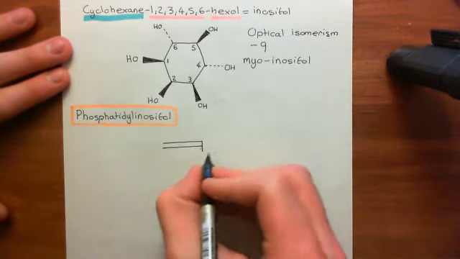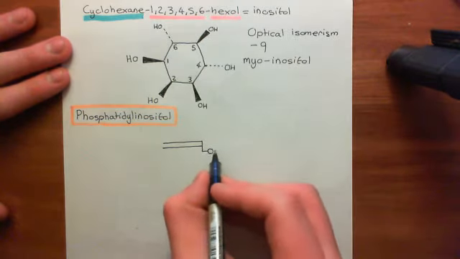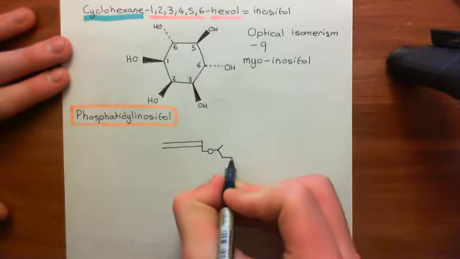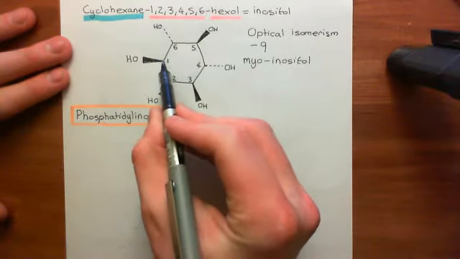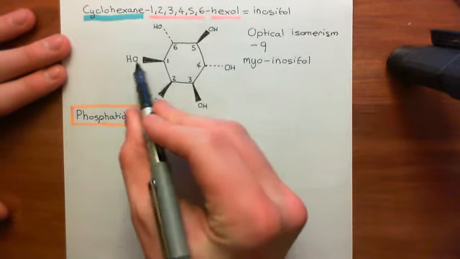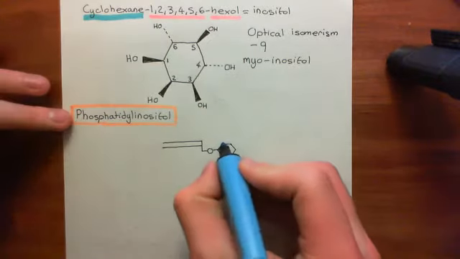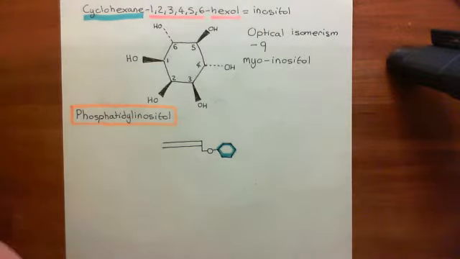So here are the 2 long-chain carboxylic acids. Here's the glycerol molecule. Here is the phosphate group. And now this phosphate group is going to be linked via a phosphoester link to the alcohol group that comes off the first carbon of this myo-inositol ring. So it's going to be linked to this alcohol group here. I will denote the myo-inositol ring as this blue hexagon here.